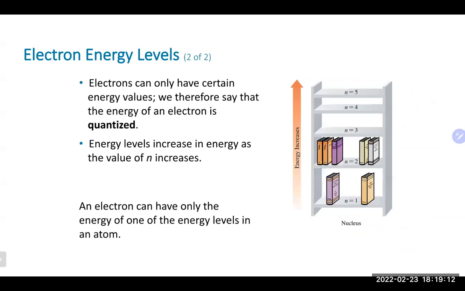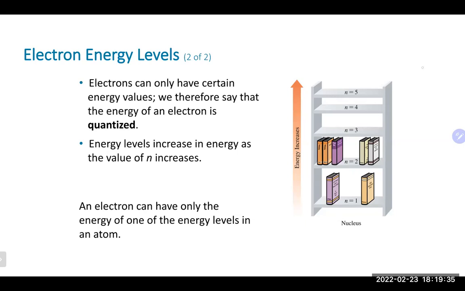So you could think of energy levels as building up. And where we find electrons, they can only be on certain energy levels. So elements basically have what is sometimes referred to as quantized energy, which is a fancy way of saying you're going to find an electron on a specific energy level.